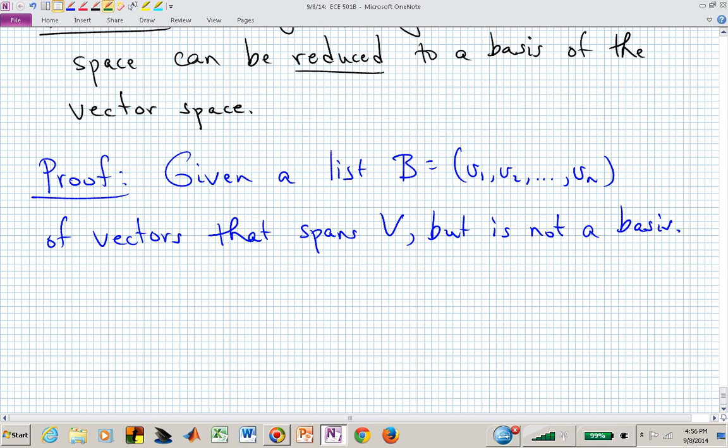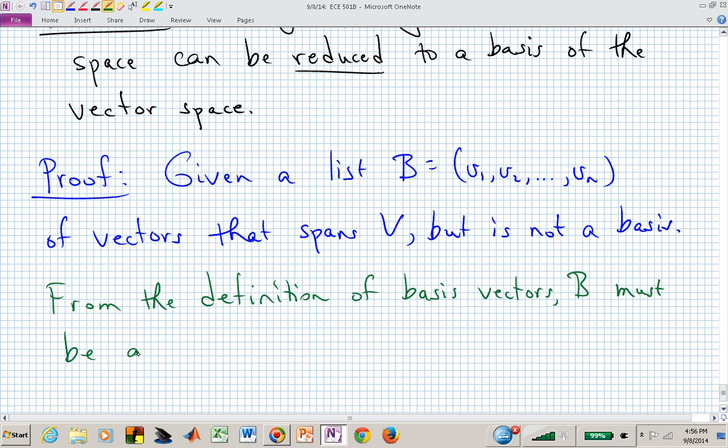These vectors. So from the definition of basis, the vectors B must be a linearly dependent set.